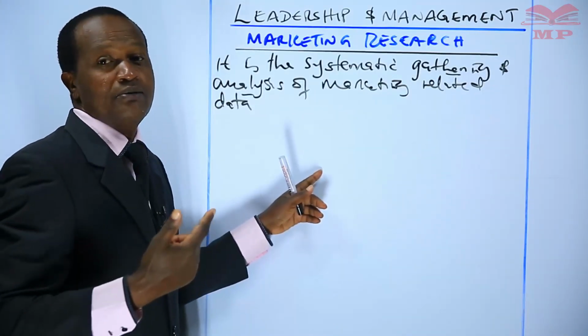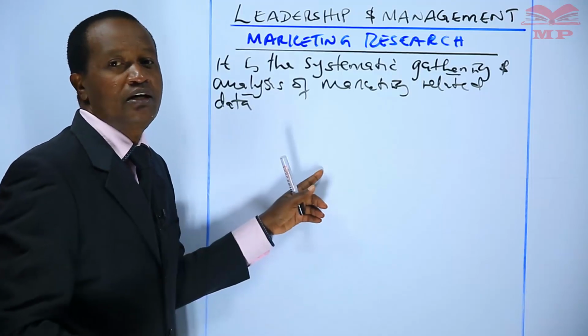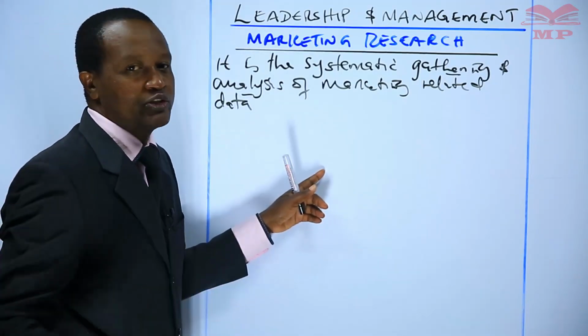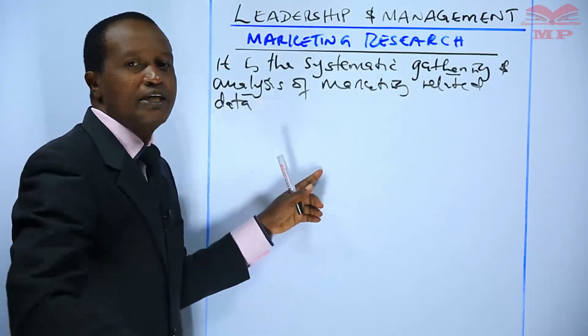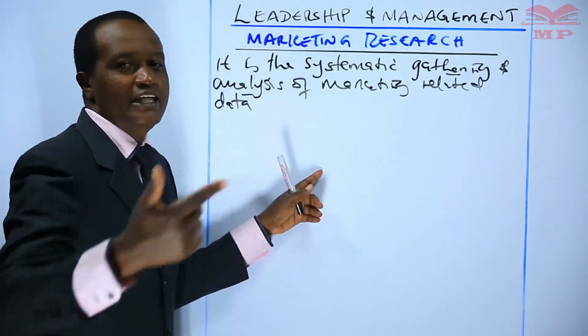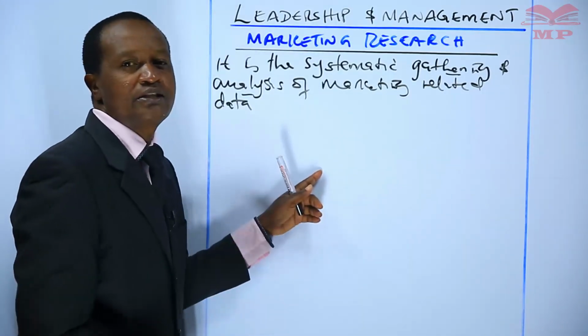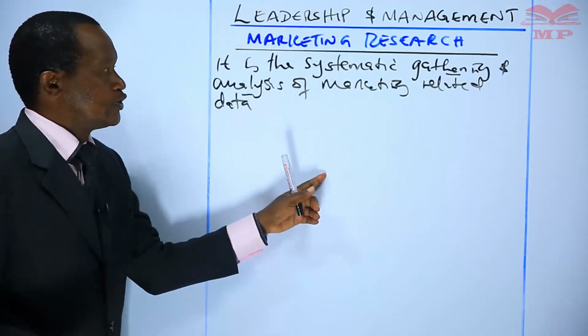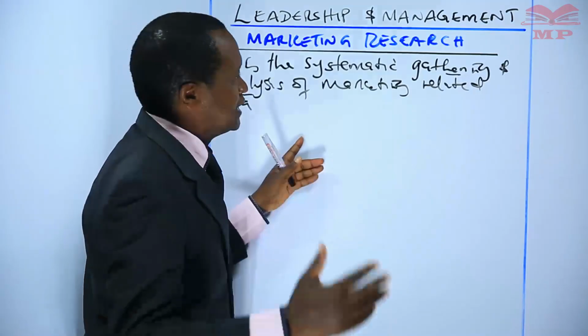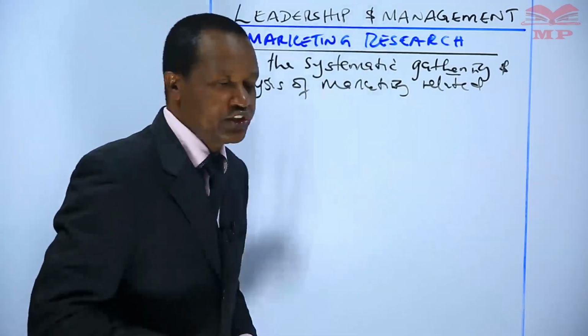That can be done sometimes by a marketing research firm, and so on. So the information gathered is then used to make decisions that are related to marketing mix or other marketing functions. So that's the meaning of marketing research.